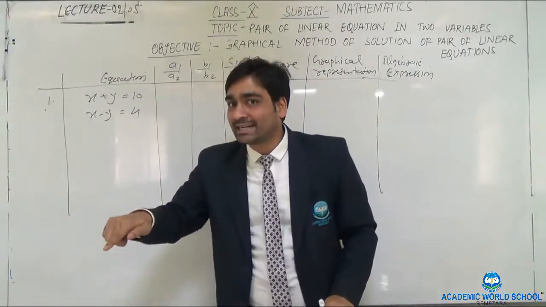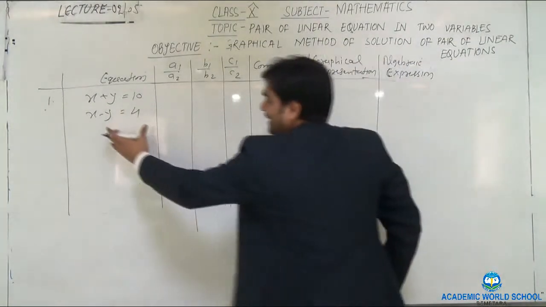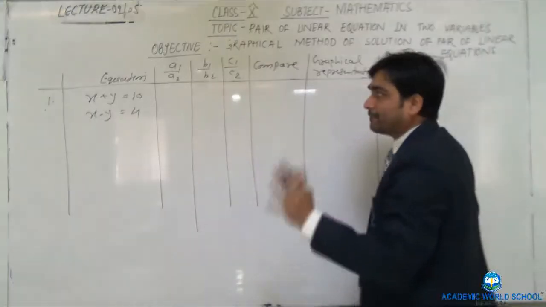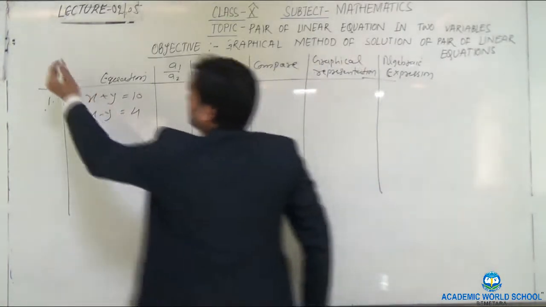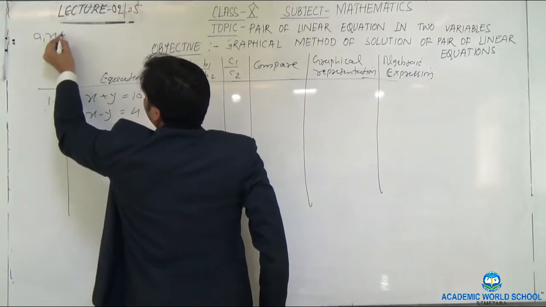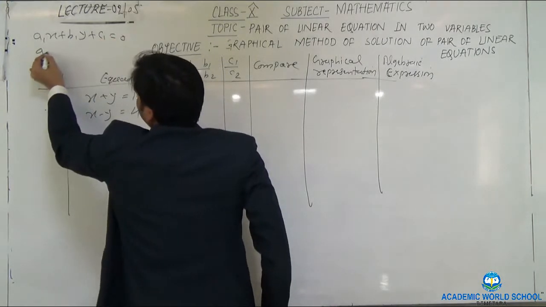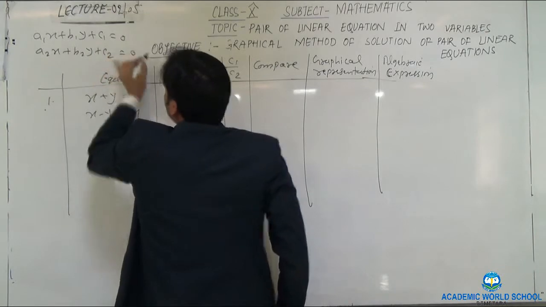Now this pair of linear equations we will compare with the standard form, a1x plus b1y plus c1 is equal to 0 and a2x plus b2y plus c2 is equal to 0.